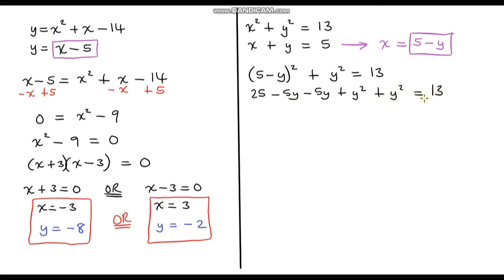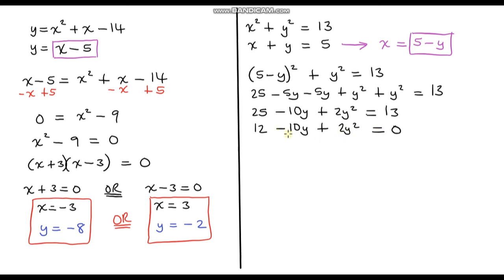So we can do a lot of simplification here. So this is going to be 25, and then these two terms will be minus 10y. These two terms, we can simplify it, that will be plus 2y squared, and that equals 13. So now we want to get 0 on this side. So if we subtract 13 from both sides, we're now left with 12 minus 10y plus 2y squared equals 0.